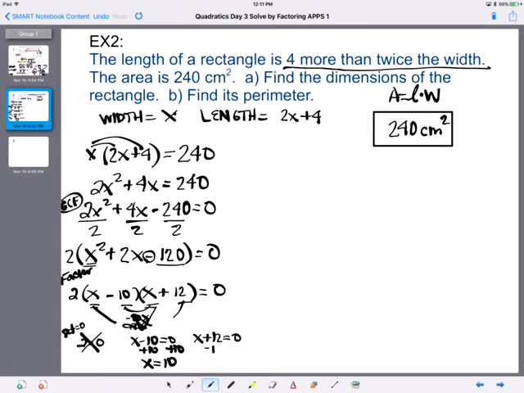To get x by itself, you subtract 12. So you get x is equal to negative 12. So then what we need to do is plug x back in to find the dimensions of our rectangle.